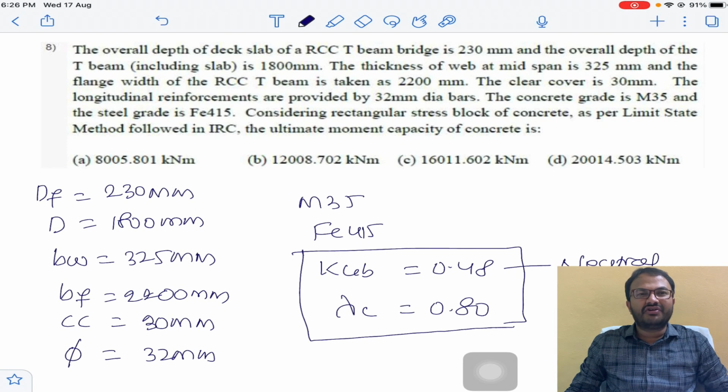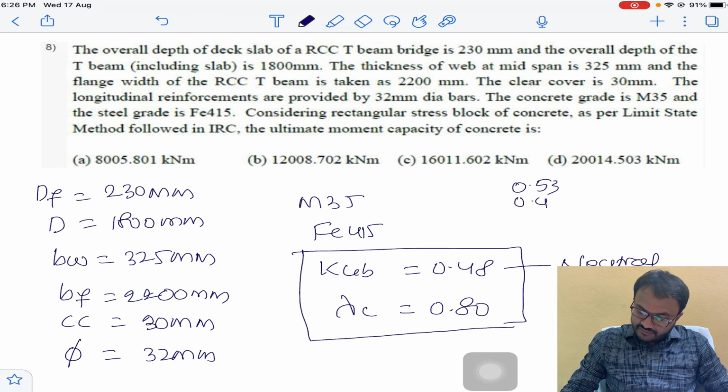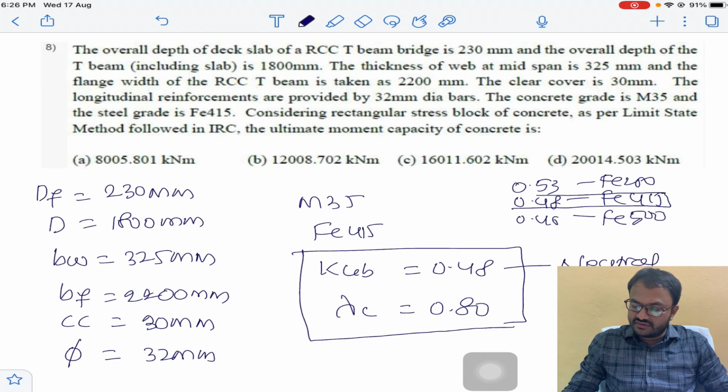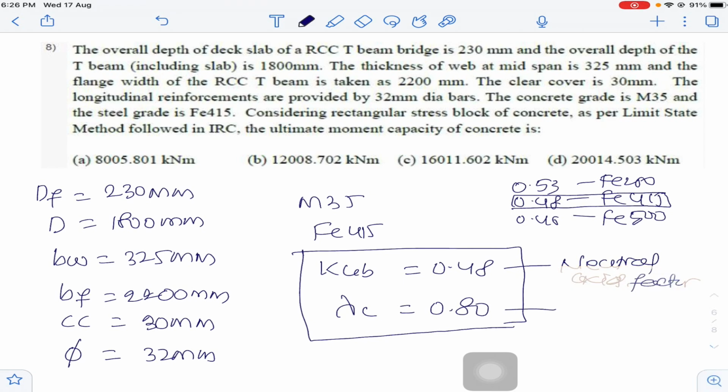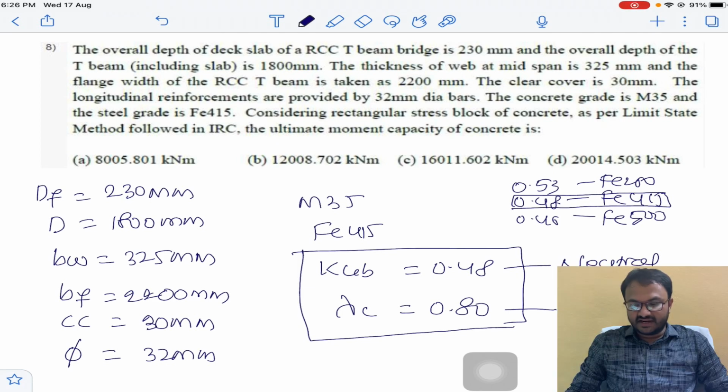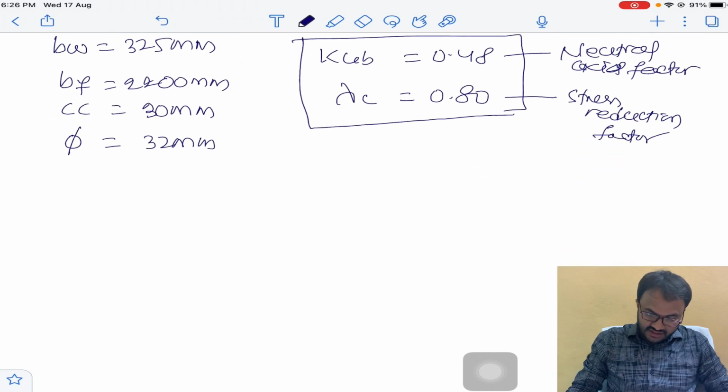For Fe415 it is, I'll write some values here, 0.53, 0.48, 0.46. This is the neutral axis factor; this is for Fe415, this is for Fe250, this is for Fe500. You just remember this one value because he is giving only 415 steel. Clear? And this is the stress reduction factor. For Fe415 the stress reduction factor is 0.80.